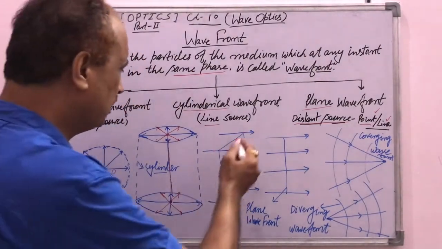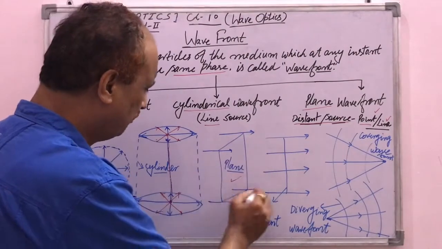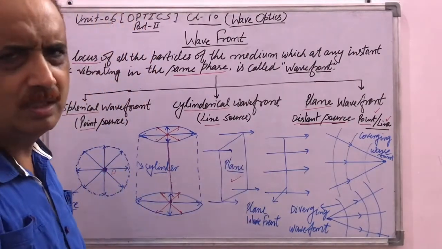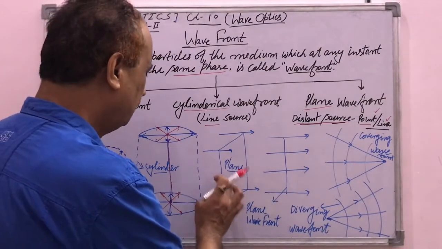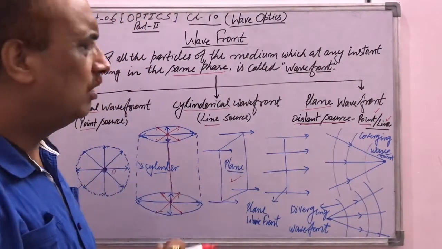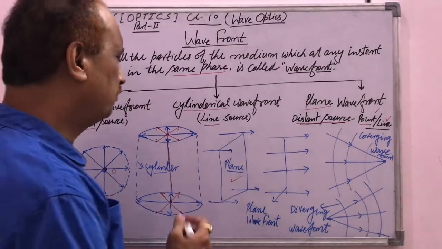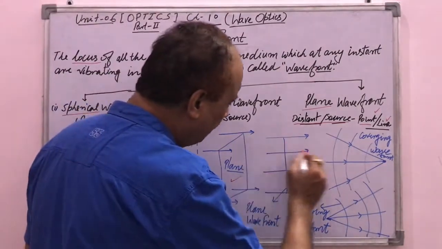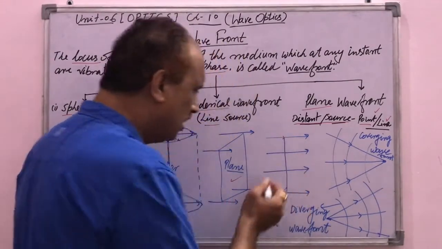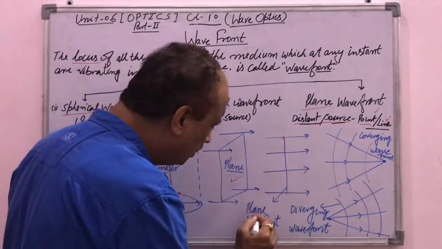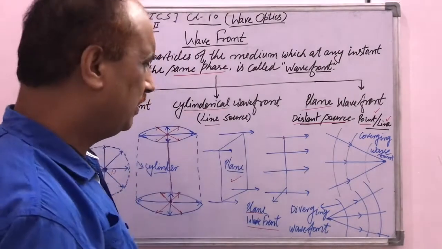It's a plane wavefront, a plane surface, and the rays are passing through the corners of the plane. So it indicates the plane wavefront. Now, how else can we show the plane wavefront? If the rays are parallel to each other, and if we draw a perpendicular line like this, the perpendicular line shows the plane wavefront.